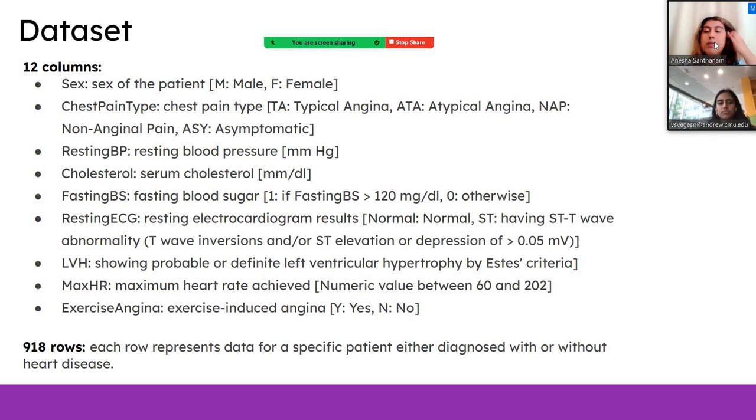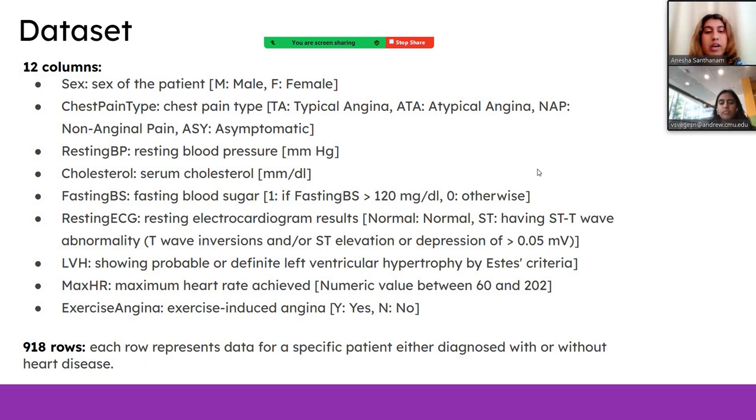Over here we can see a breakdown of the data set's columns. Each of the columns represented a characteristic of the patient. Most of them were medical things, but a lot of them were also just, for example, sex of the patient, and the rest are chest pain type, resting blood pressure, cholesterol, fasting blood sugar, resting ECG, LVH, max HR, exercise angina, etc. The values for these were also different.